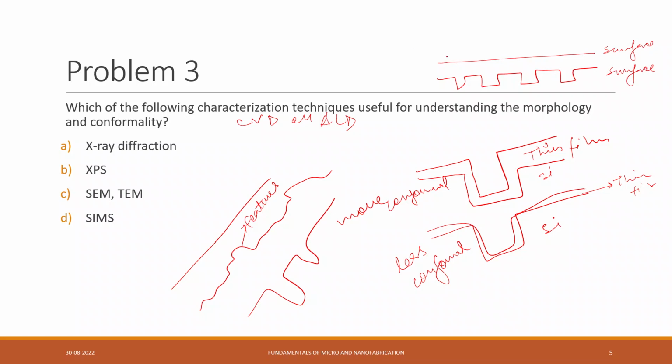This one has fewer features, and this one has more features. All these things come under morphology: how it looks, how the features are on the surface. Another one might have some pill-like structure on the surface. All these are morphology.